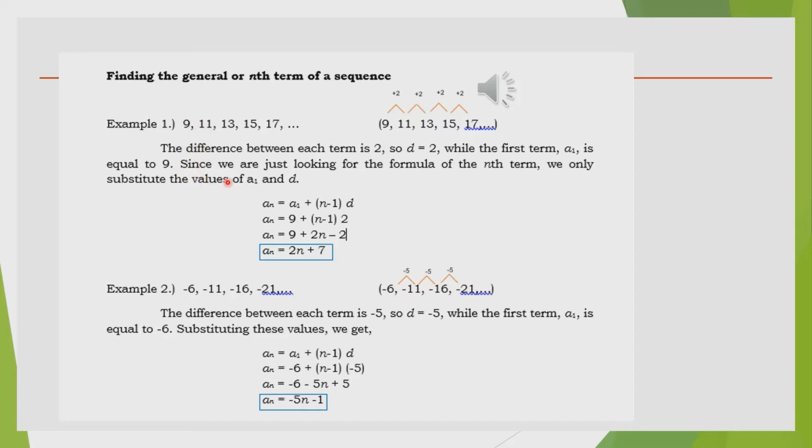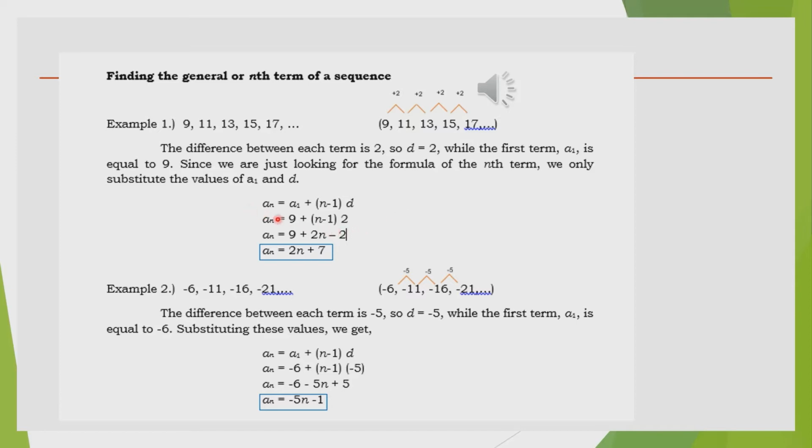And then since we are just looking for the formula of the nth term, we only substitute the value of a sub 1 and d from the general formula, a sub n is equal to a sub 1 plus the quantity n minus 1 times d.